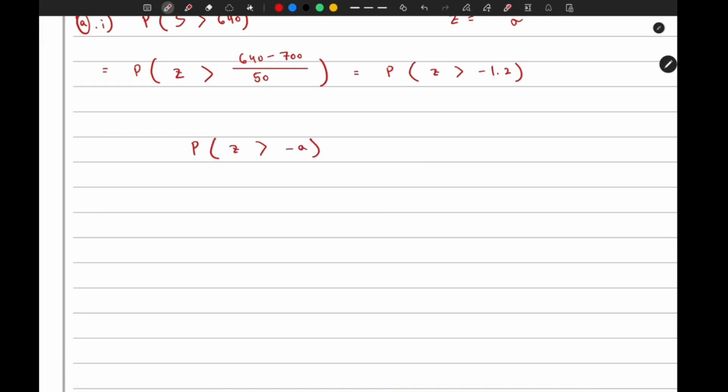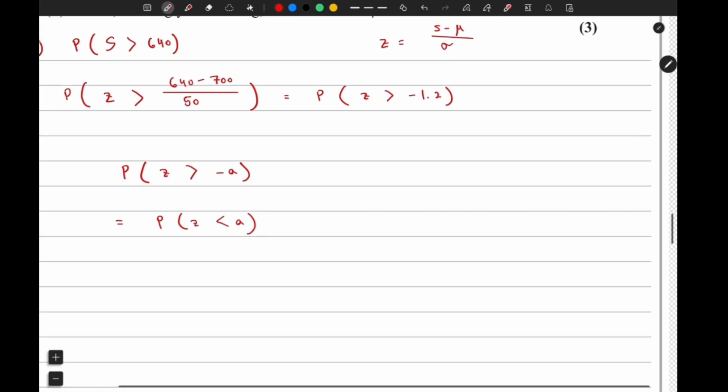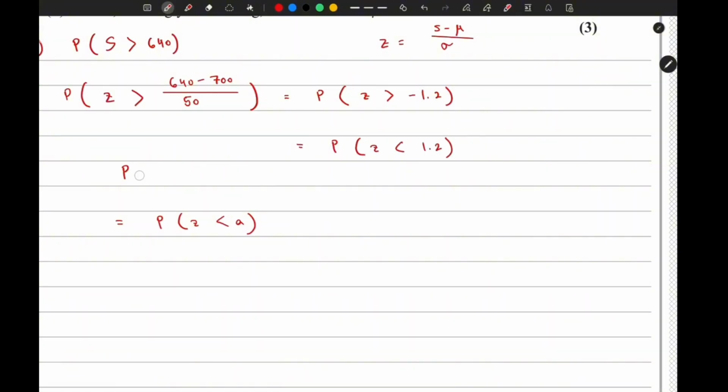If there's a negative value, you can write this as 1 minus probability of Z is greater than A. Now, since the sign is greater than, this must be a negative sign. So there's a different formula for this. You can write this as probability of Z is less than A. So we can say that this is equal to probability of Z is less than 1.2.